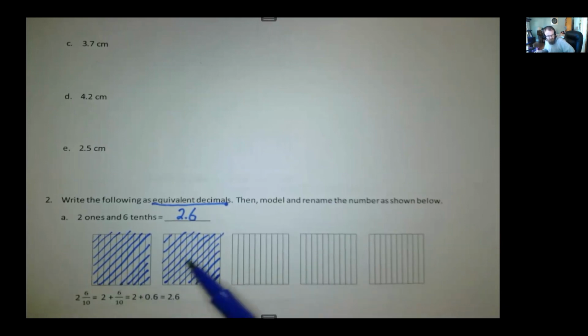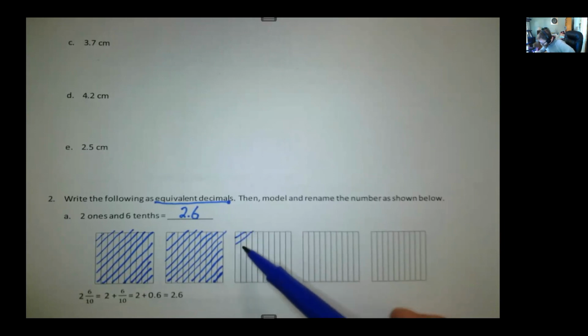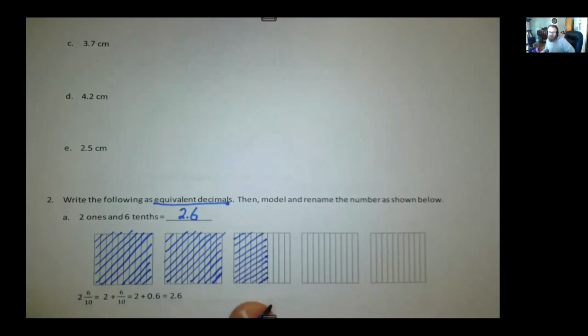We're showing 2 wholes and 6/10 of a whole. That is exactly the same as the work that you're going to be doing on your exit ticket.